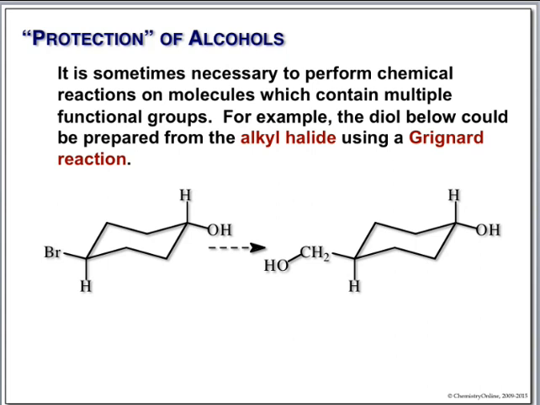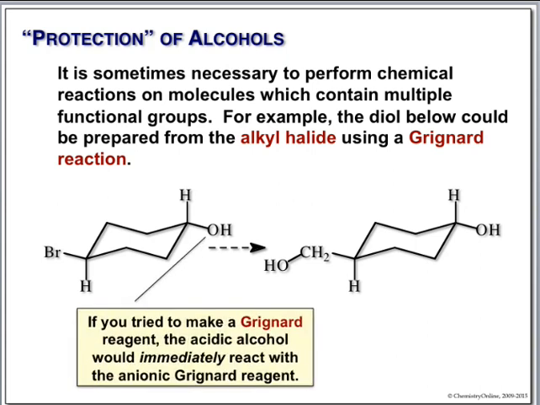In a protecting group scheme, what you do is convert this into something that's unreactive. Then you can do your Grignard reaction and then convert it back to the OH group. If we tried to do a Grignard reaction here, the OH would simply react with the Grignard. Therefore, there are two protecting groups that we're going to look at just quickly.